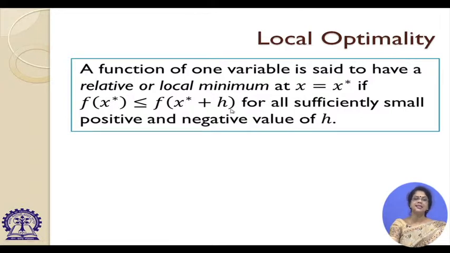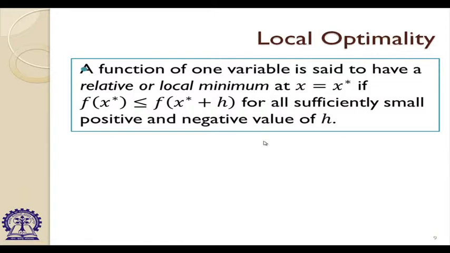Better in the sense that we won't get any functional value which is lower than that point. Then we can declare that that is the local optimal point. That is why we are taking the point x star and we are considering the h neighborhood of that. h can be positive, h can be negative, and you see the functional value is always greater than f(x star). That is why at that point there must be a local optimal point.